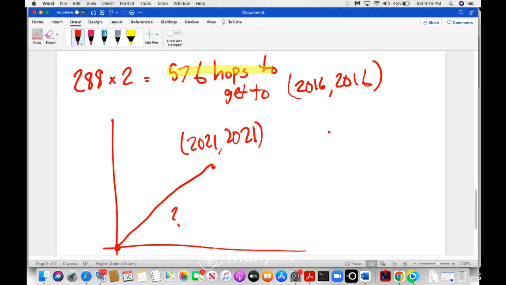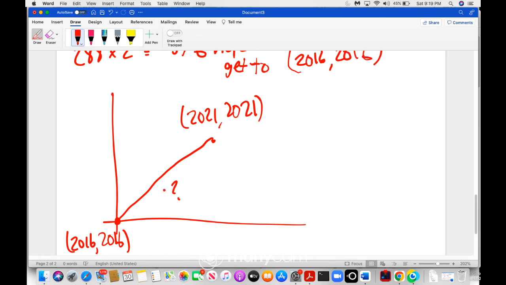Okay, so if you think about it, I don't necessarily know what this distance is right now, but I do know that in order to get to here, if I just draw my right triangle, that will essentially answer my question. We've been using right triangles this entire video. So the x-coordinate has to increase by 5, and the y-coordinate also has to increase by 5.